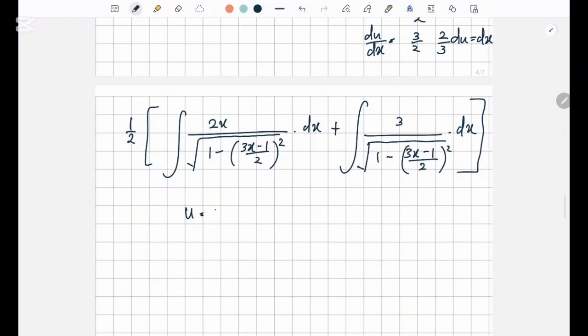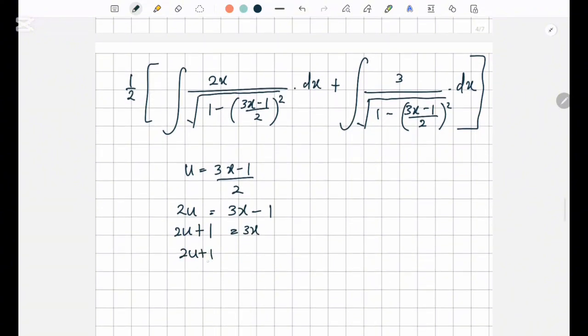So we have u equals 3x minus 1 over 2, right? So you can write 2u equals 3x minus 1, and 2u plus 1 equals 3x, and 2u plus 1 divided by 3 equals x.